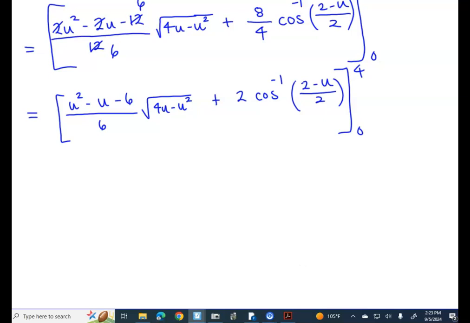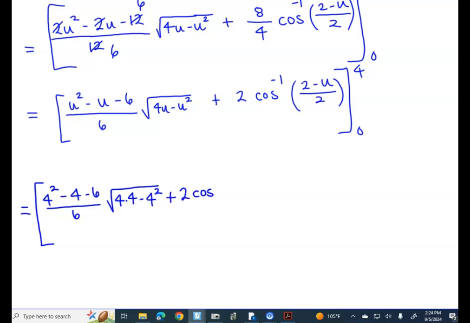So let's first put in the value of 4. So we have 4 squared minus 4 minus 6 over 6 times the square root of 4 times 4 minus 4 squared, plus 2 times the cosine inverse of 2 minus 4 over 2.